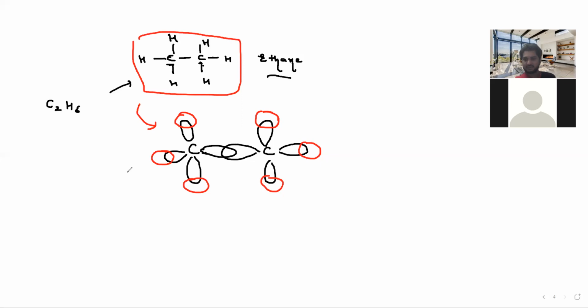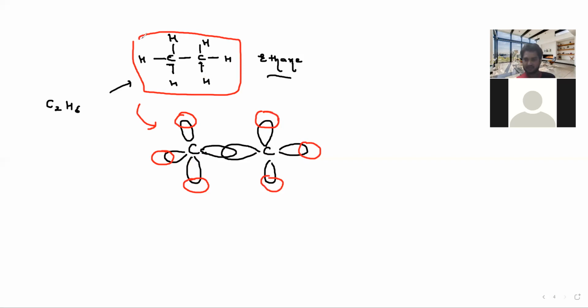Sideways would happen if this orbital were overlapping with this orbital, then it would be pi. But it is not happening. One orbital is directly overlapping with this. If there is a direct overlapping, it is called end-to-end overlapping.